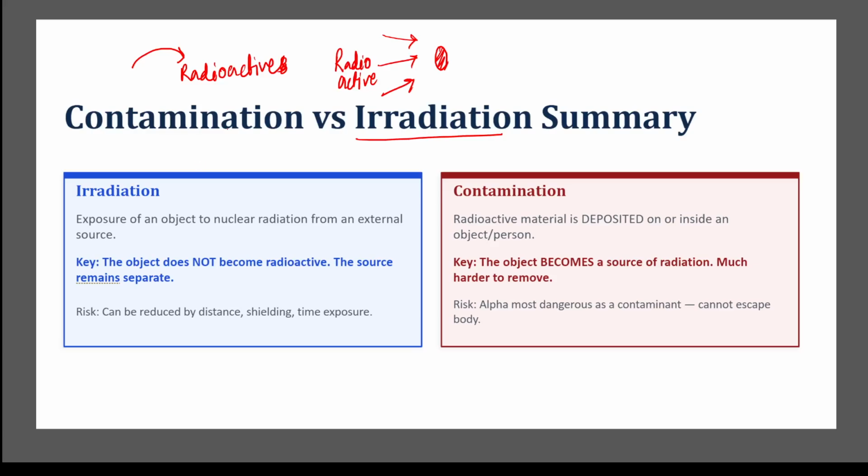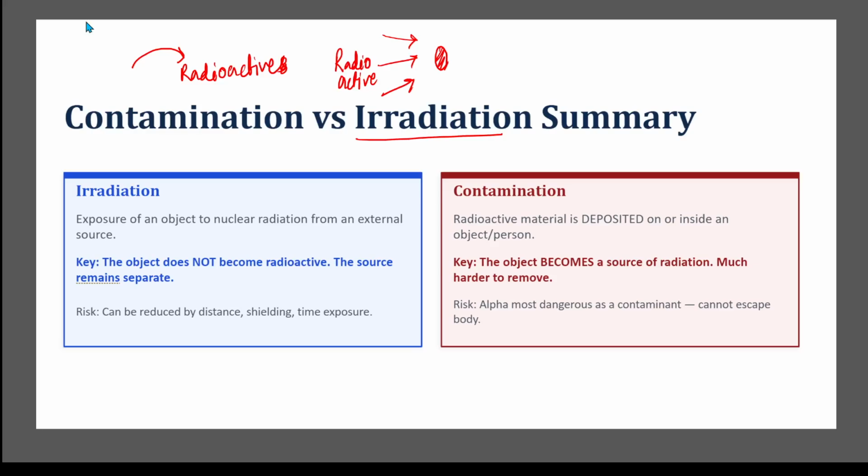The most dangerous contaminant would be alpha particle, because alpha particle has the highest ionizing power. Sometimes if a cancer patient is irradiated with gamma radiation, he or she is not contaminated. They're just irradiated with gamma radiation to damage the cancer cells.